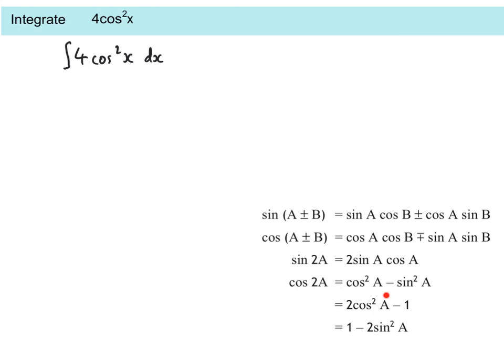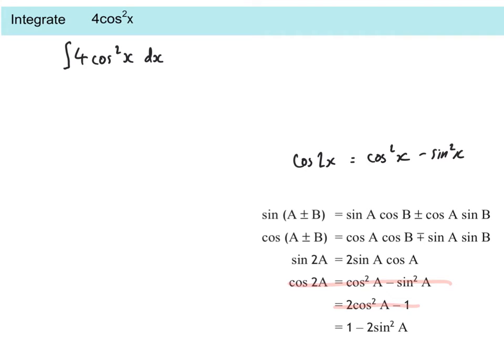And this is where these rules from your formula list come in useful. There are 2 that have cosine squared in them. These 2 here. We've been told that cos 2x equals cosine squared of x minus sine squared of x.